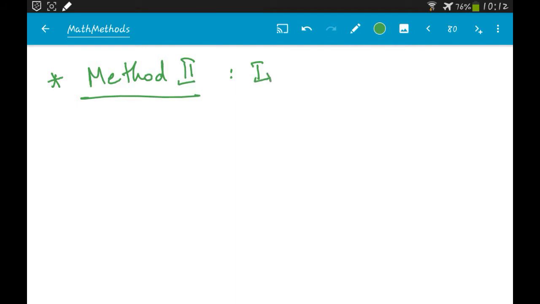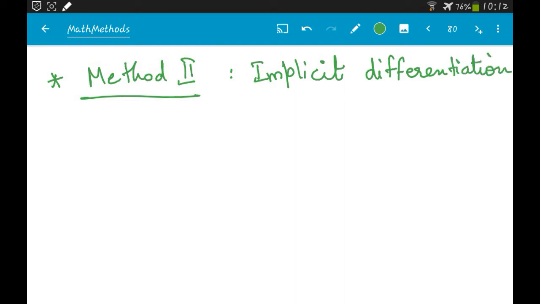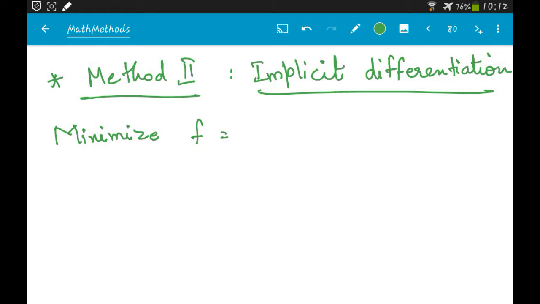This is implicit differentiation. Okay, so in this method again the question is that we minimize f, which is given by x square plus y square, given y equals 1 minus x square.